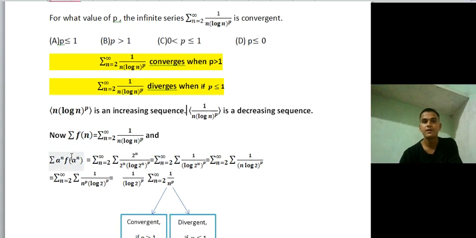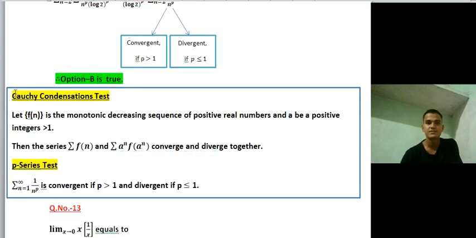So we will use Cauchy's condensation test to solve this. So you can see this is Cauchy's condensation test. Let Fn be a monotonic decreasing sequence of positive real numbers, and let a be a positive integer greater than 1.